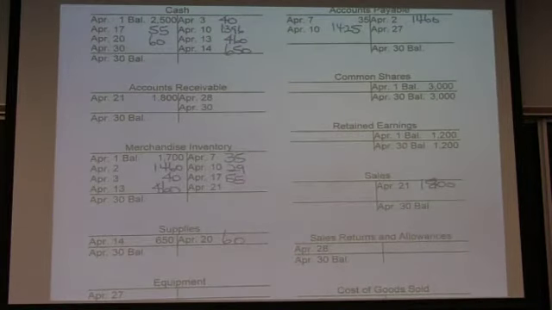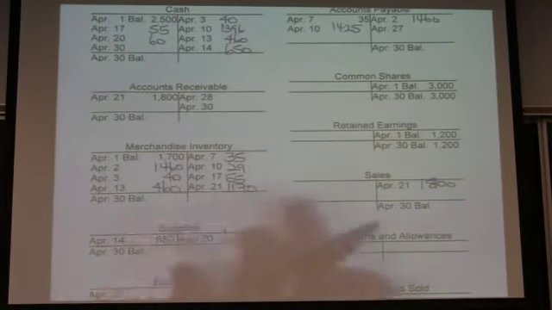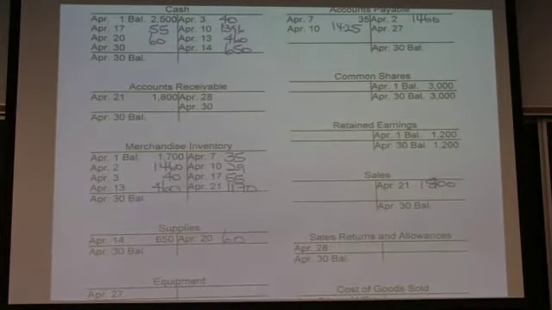Then we need to reflect the cost of goods sold. So we need to debit cost of goods sold. How much was that? $1,170. And we need to credit merchandise inventory. You can see that by constantly updating the inventory, this number should be your ending inventory balance. We'll see that in a minute.